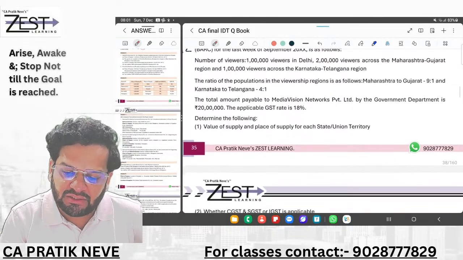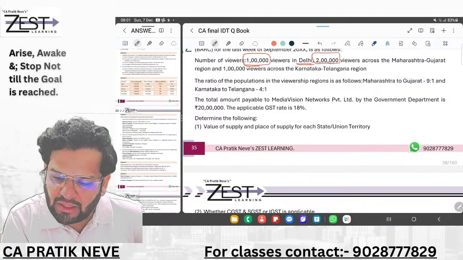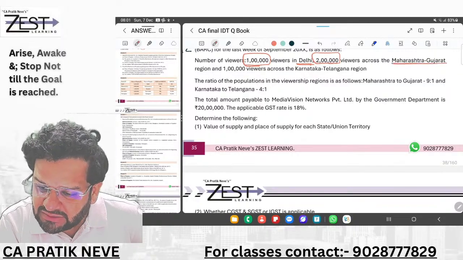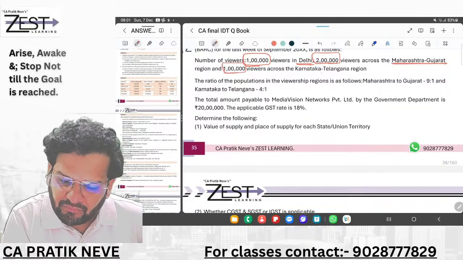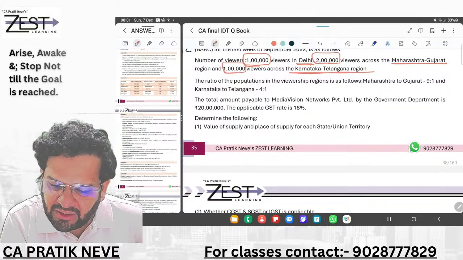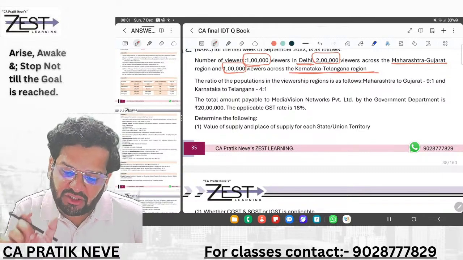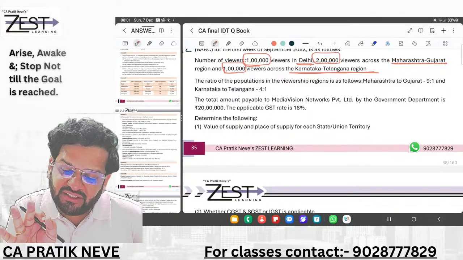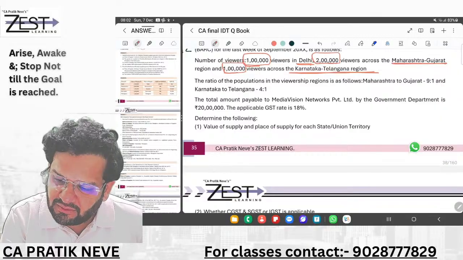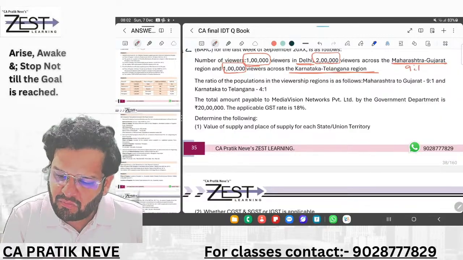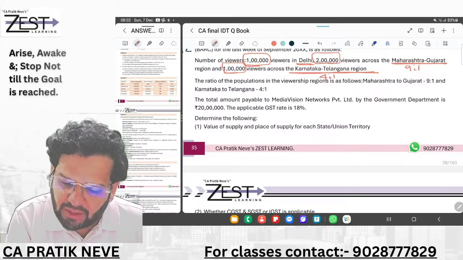Number of viewers is 1 lakh in Delhi, 2 lakh across Maharashtra Gujarat region, 1 lakh across Karnataka Telangana region. The ratio of population in viewership regions is as follows. Maharashtra to Gujarat is 9:1 and Karnataka to Telangana is 4:1.